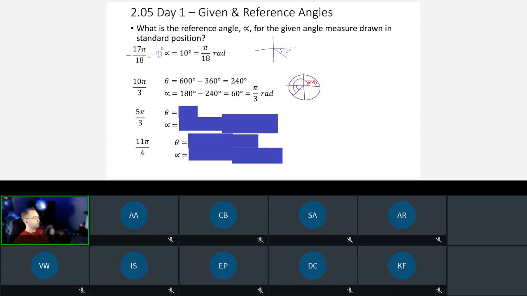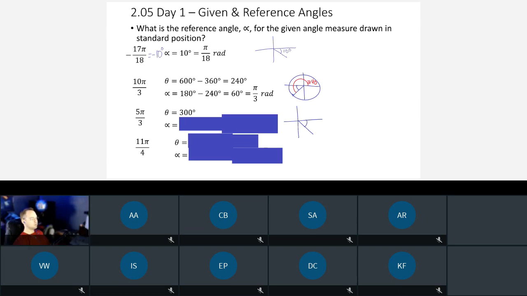All right. Next one, 5 pi over 3 converted into degrees is 300 degrees. That is clearly in quadrant 4. So I'm going to draw a picture to show that. So 300 degrees is in this quadrant here. So there is your reference angle that we want to calculate.